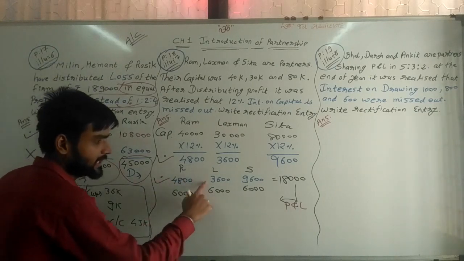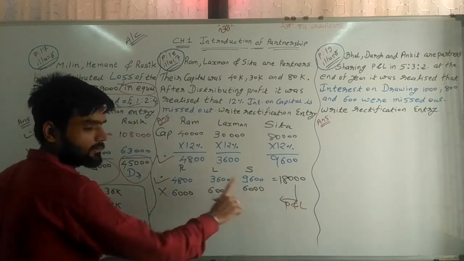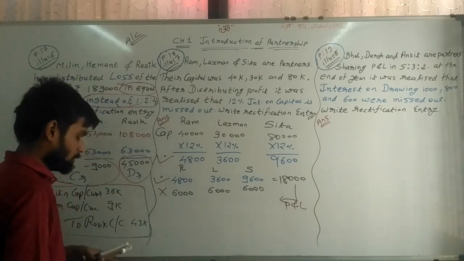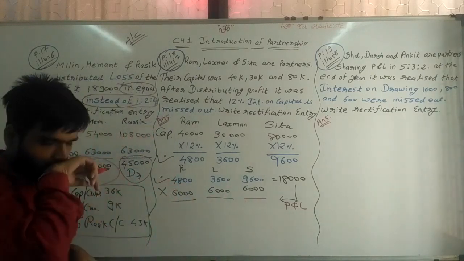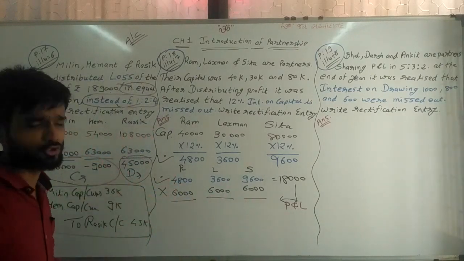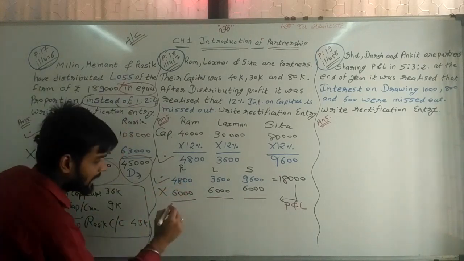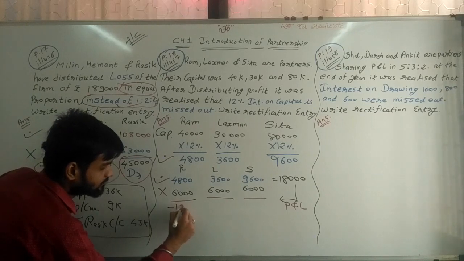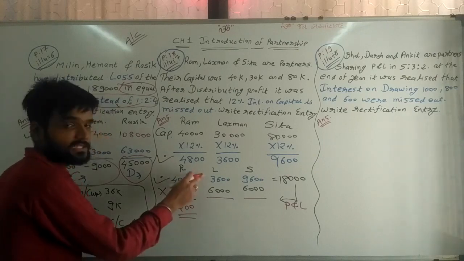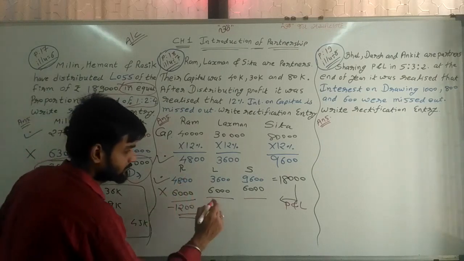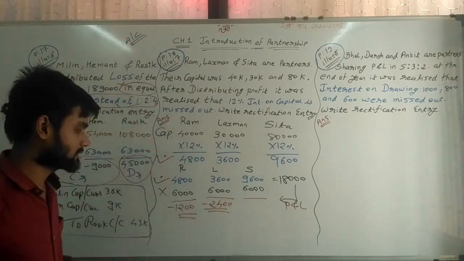Now sir, this first one is the correct interest on capital, and we have wrongly distributed in equal proportion. Now take the difference of both: 4,800 minus 6,000. The answer is minus 1,200 rupees. 3,600 minus 6,000 is minus 2,400.